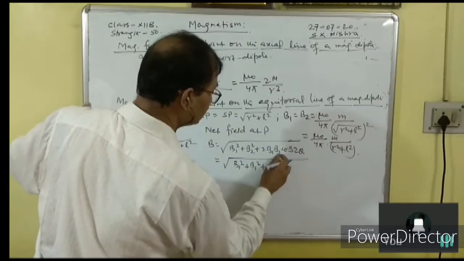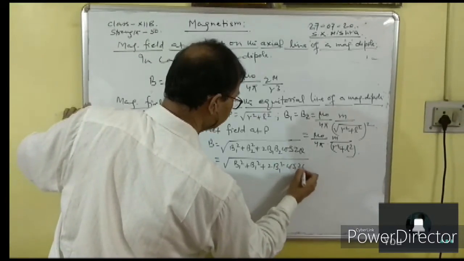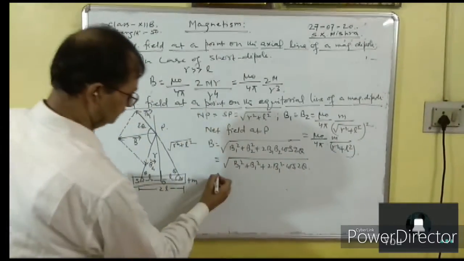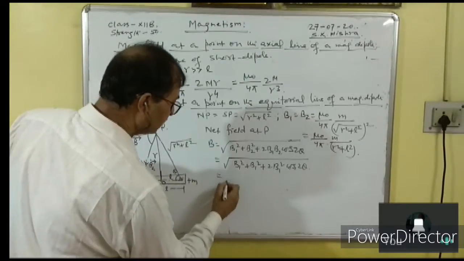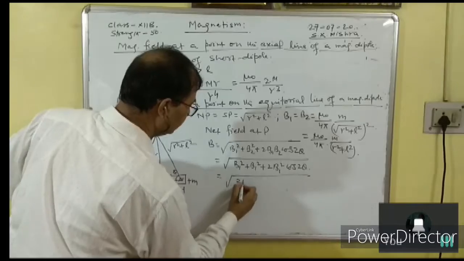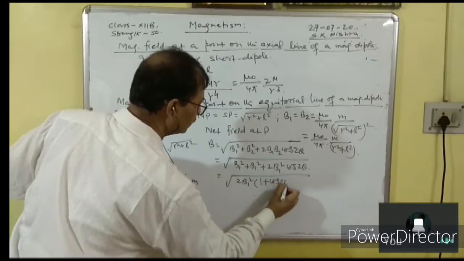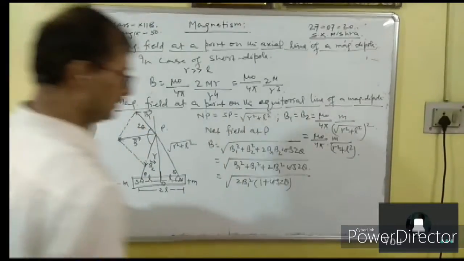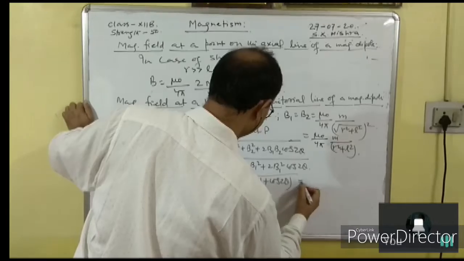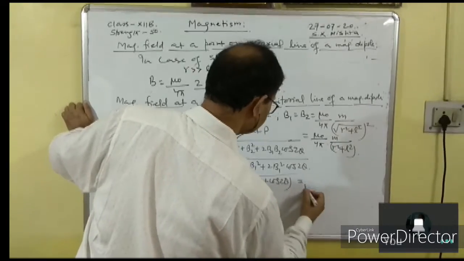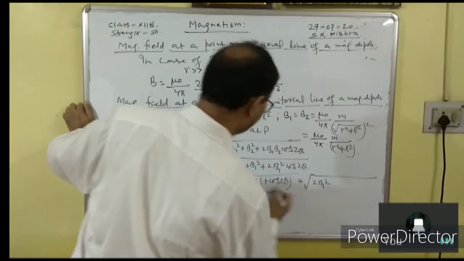So this is B2. If I ask you the magnitude of B1 and B2, your answer will be B1 equal to B2 equal to mu naught by 4 pi M by (under root R square plus L square) whole square. In magnitude they are the same, B1, B2, because the distance is the same.